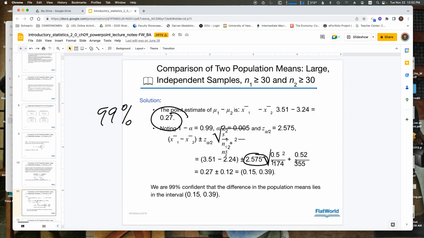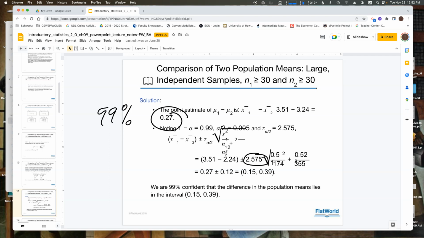We get that from the z tables that are in the back of the book or in the appendices for Flatworld. At the 99% level, each tail would be 0.5%, so that z-score is 2.575.